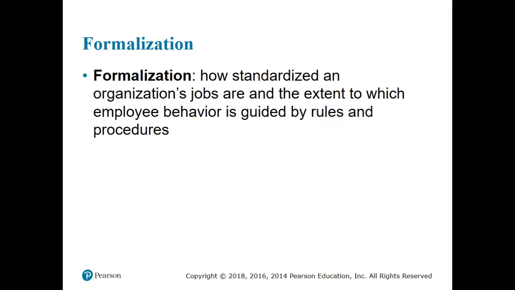Employees have little discretion over what's done, when it's done, and how it's done. However, where there is less formalization, employees have more discretion in how they do their work. Although formalization is necessary for consistency and control, many organizations today rely less on strict rules and standardization to guide and regulate employee behavior.